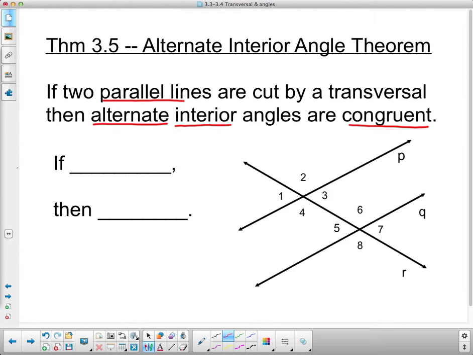So if P is parallel to Q, what would be alternate interior angles? 4 and 6, yes. It's got to form the Z. So an example would be angle 4 is congruent to angle 6. Corresponding angles are congruent, alternate interior angles are congruent. Ready for the next screen?